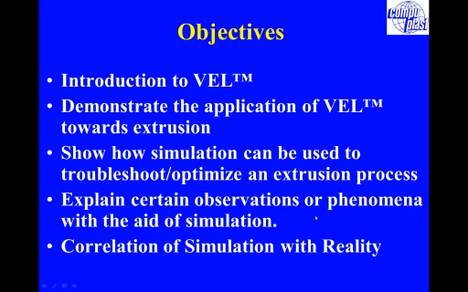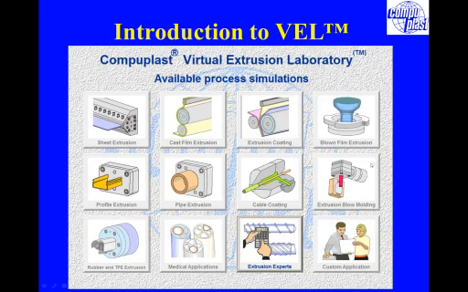Understanding what the pictures on the screen mean with respect to the reality of the process and the problem you're experiencing. The virtual extrusion laboratory consists of these process simulations, and we have a custom one here if the particular situation doesn't apply.